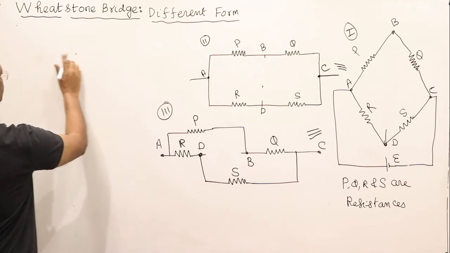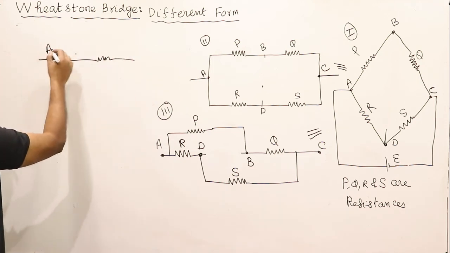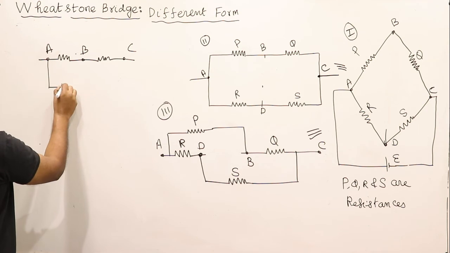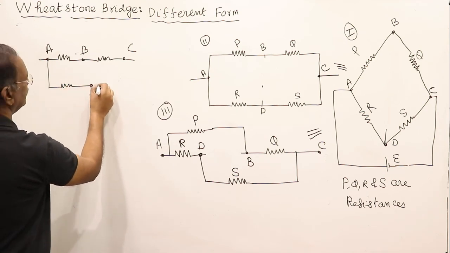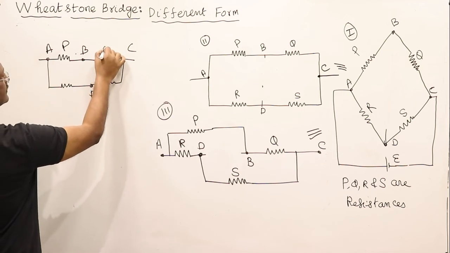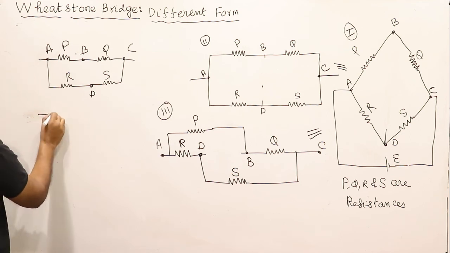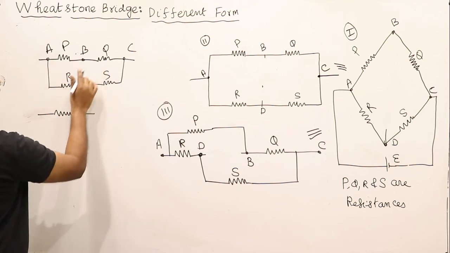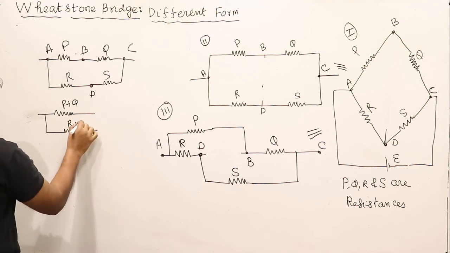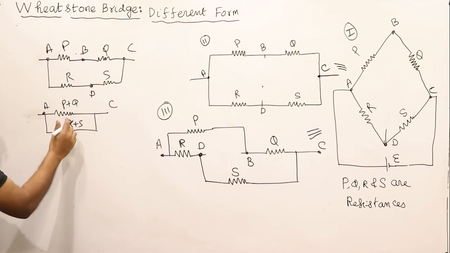We can draw this circuit like this. This is point A, this is point B, this is point C, and from A this is point D, and this is point C. Between A and B is P, B and C is Q, and this is R and S. So the equivalent can be drawn as: since both are in series, P plus Q, and again R plus S, from point A to point C. Both are in parallel.